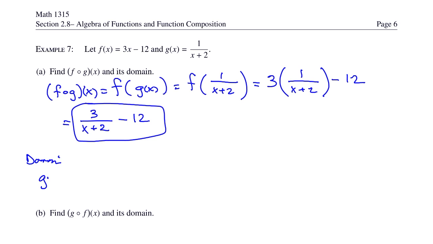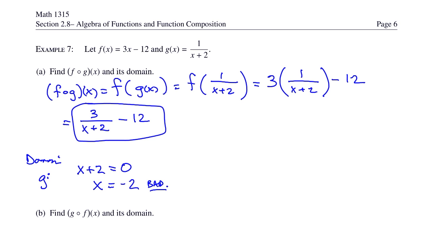G is a rational function. The domain of a rational function is the set of elements that do not make the denominator 0. So we set the denominator equal to 0 to find the bad elements. That's negative 2, and that's bad. So right away, negative 2 is out of the domain.